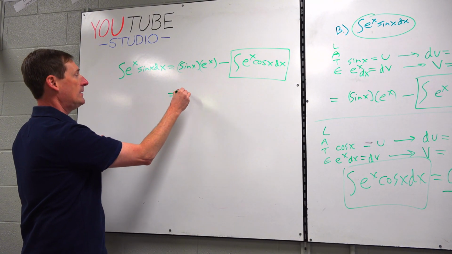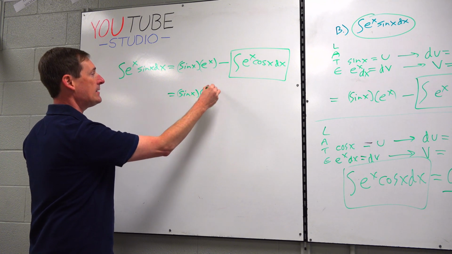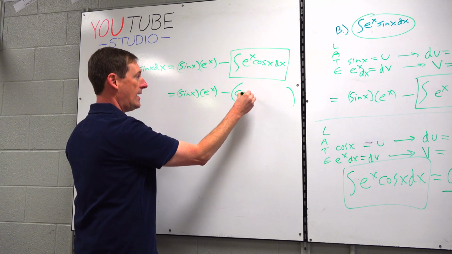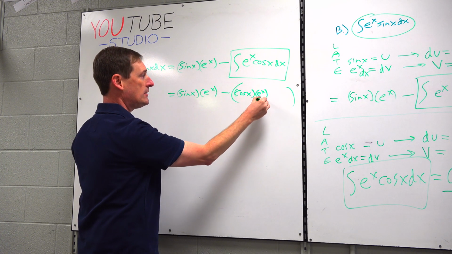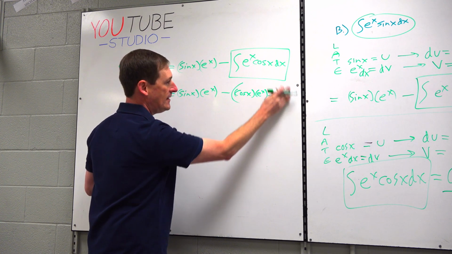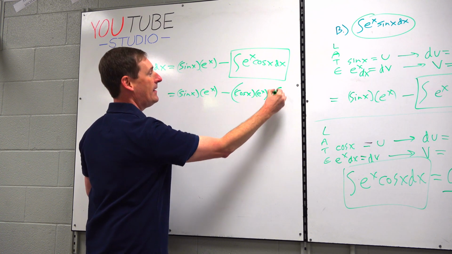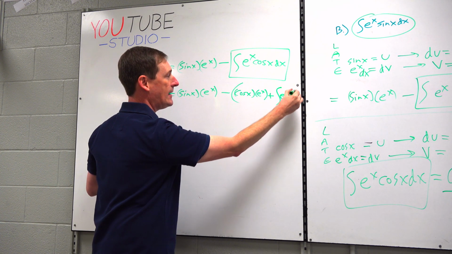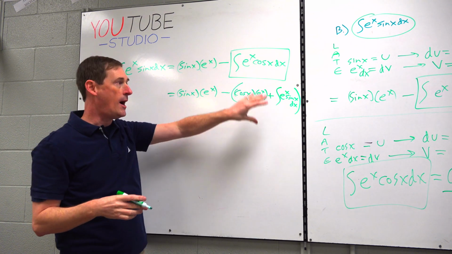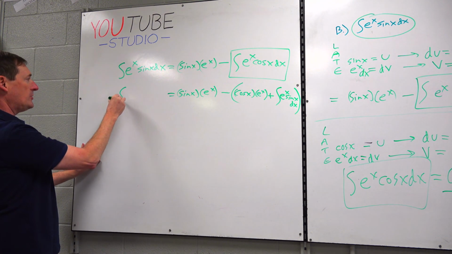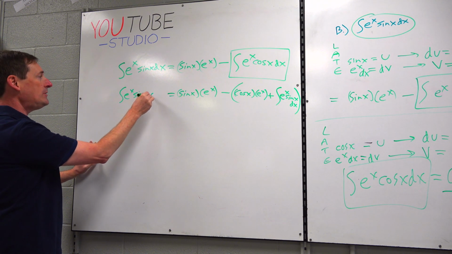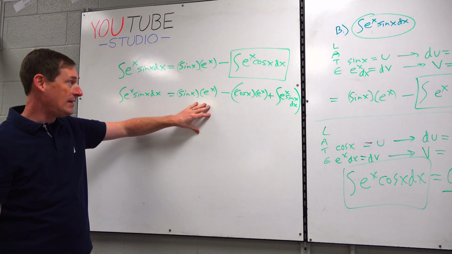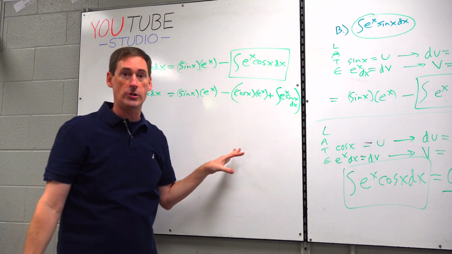So let me write sine of x e to the x minus parentheses cosine x e to the x, I'm going to need a lot more parentheses than that, plus integral of e to the x sine of x dx parentheses. So I just replaced the box with what I got over there. Let's drop down this original problem. So apparently the integration of e to the x sine of x is equivalent to sine of x times e to the x minus another parts.